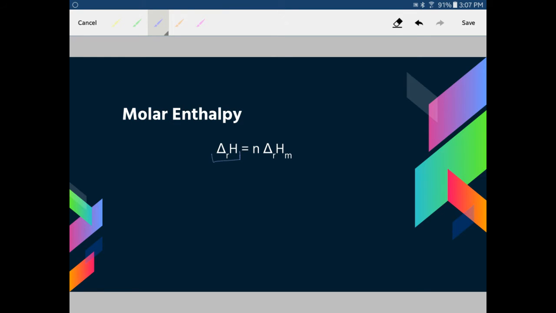Now that little r can change to a C for combustion, it can change to an F for formation, it can be any letter that is involved with the type of reaction that we're dealing with. So again, this is just called the enthalpy change of reaction. Okay, and again, this is our entire reaction, so of all entities involved and the entire amount of entities involved. Our N, as you might remember from other units of chemistry, or at least hopefully you do, N is equal to chemical amount or moles.